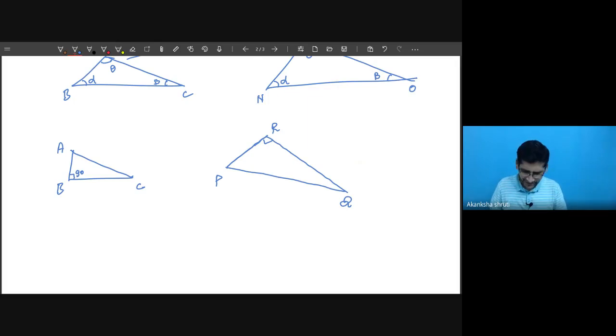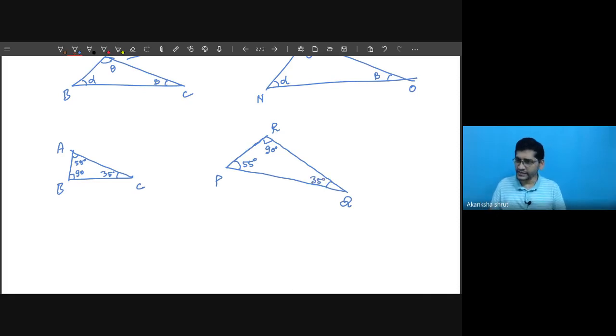So here, respective angle means B is going to match with R. Let us call this angle 35 degrees and this angle 55 degrees. So this angle is given again as 55 degrees, and this Q as 35 degrees.